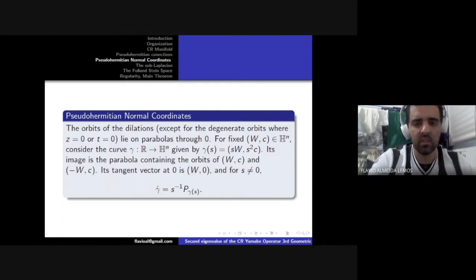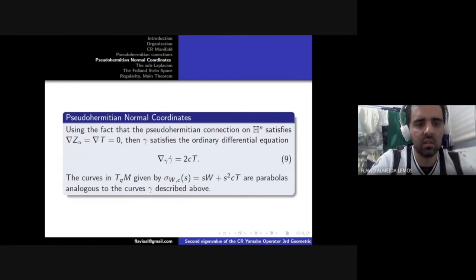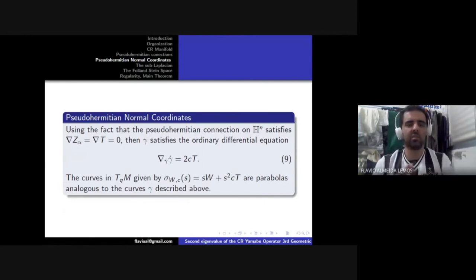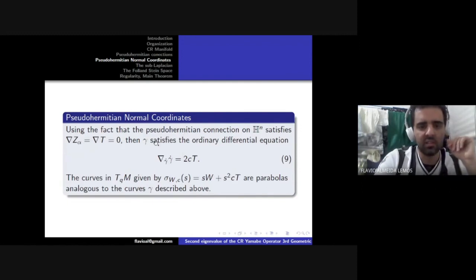Use the dilation above to define these curves. Use the fact that the pseudo-Hamiltonian connection satisfies this equation; this curve satisfies this equation.